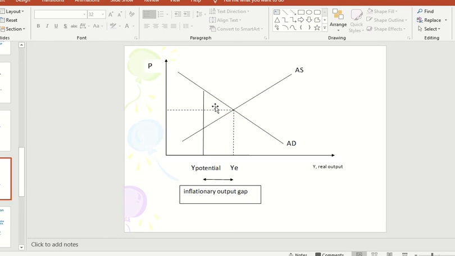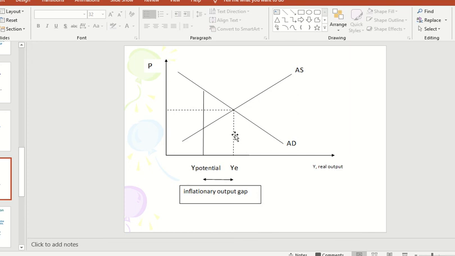Once again, we can use the aggregate demand, aggregate supply model to analyze the same situation. Just now we looked at the income expenditure equilibrium model, or Keynesian cross. Now we look at the aggregate demand, aggregate supply model.